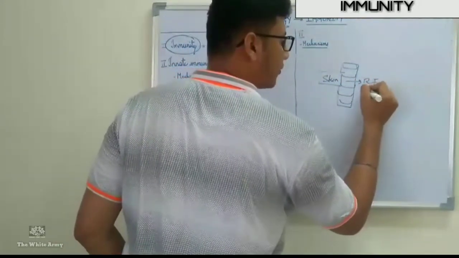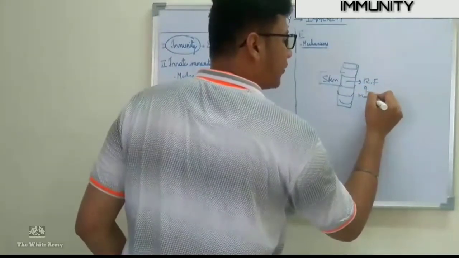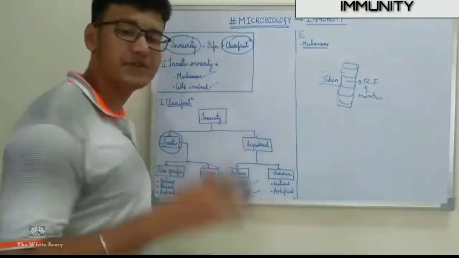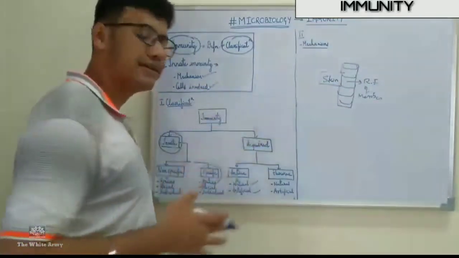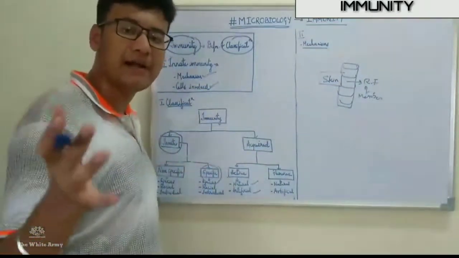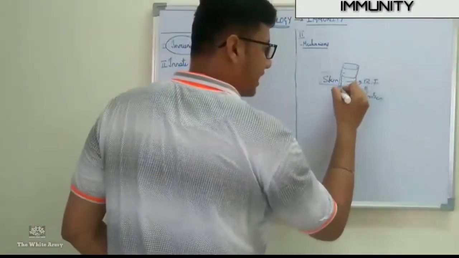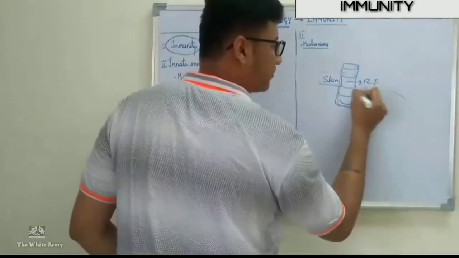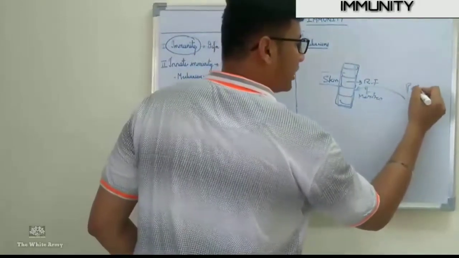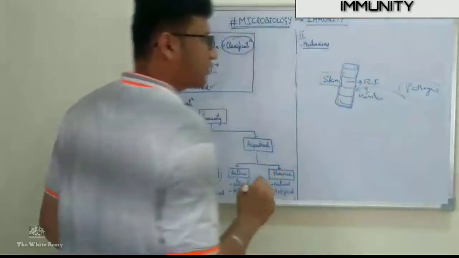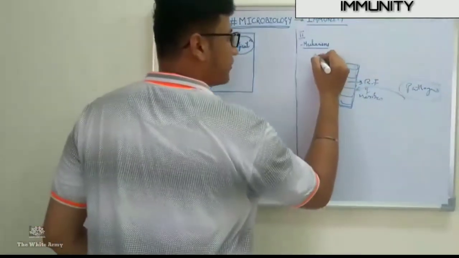These are the friendly bacteria, the friendly organisms which protect the skin and other tissues from invasion by the bad pathogens. This acts as a natural barrier for pathogens which try to invade tissues like the skin. This is called microbial antagonism.